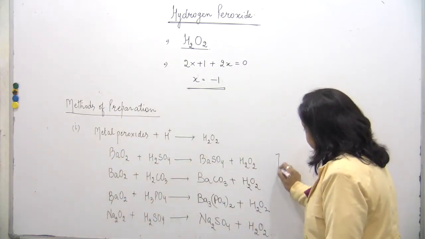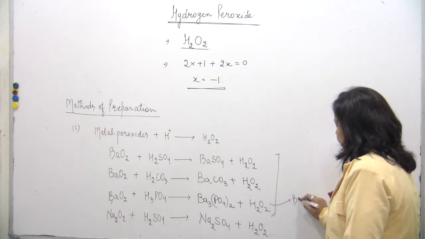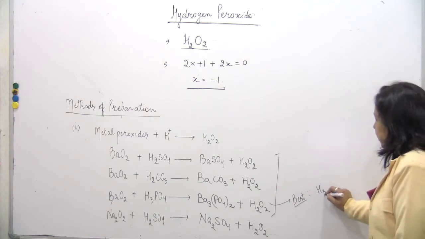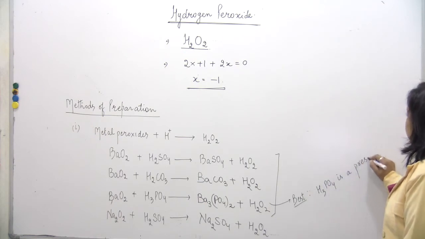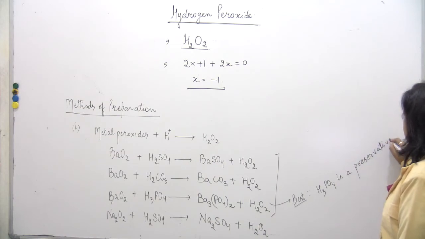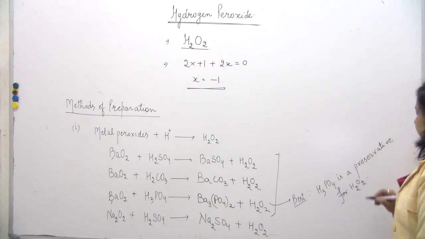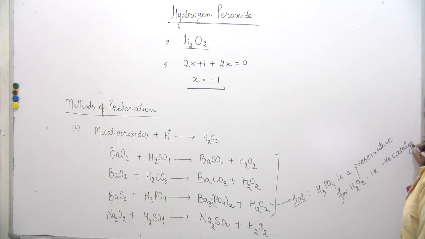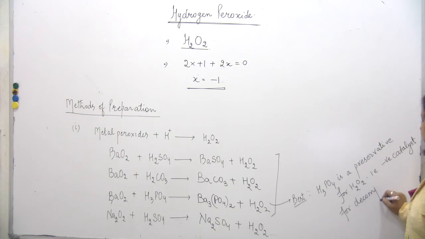When we talk about barium peroxide and these methods, out of these, this is the best, because phosphoric acid, H3PO4, is a preservative for hydrogen peroxide. That means a negative catalyst for decomposition of hydrogen peroxide.